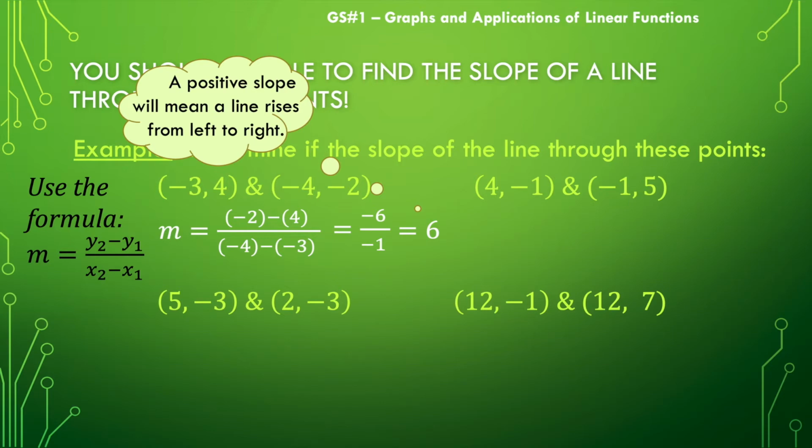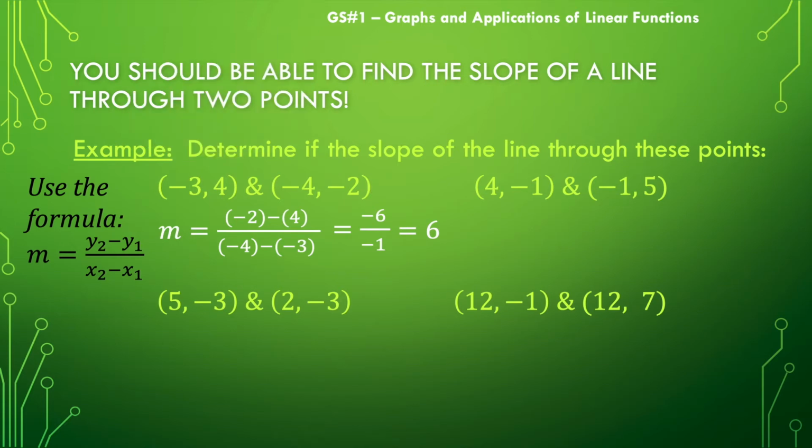All right, next thing, let's try this next one, slope of the line through the points 4, negative 1 and negative 1, 5. So the slope here would be 5 minus negative 1 divided by negative 1 minus 4. 5 minus negative 1 will become 5 plus 1, which is 6.